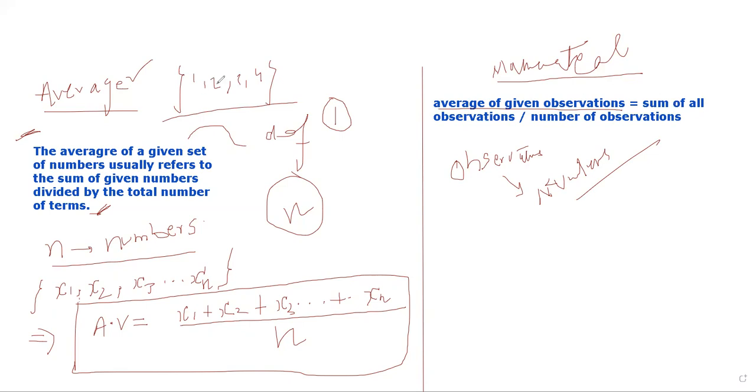That means 1 plus 2 plus 3 plus 4, whole divided by the number of observations. That means the number of numbers. How many numbers do I have? 1, 2, 3, 4. So I will just give here 4. By this, you can calculate the average of these numbers.